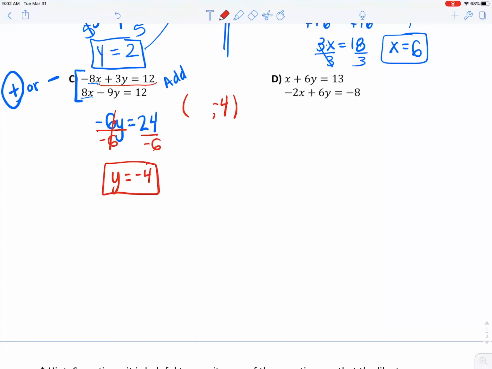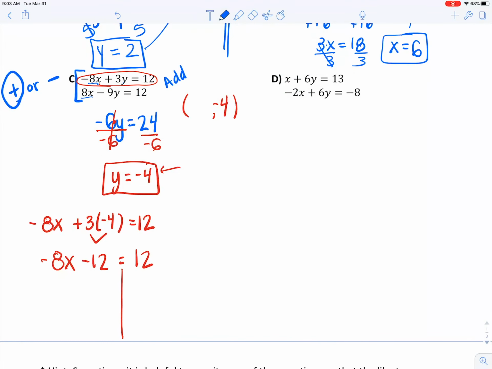Okay, taking a look at these two, I think that this equation looks like there's a little bit less to do just because it's 3y instead of negative 9y, but either equation works to plug it into. So I'm going to do negative 8x plus 3, and instead of writing y, I'm writing down what y is equal to, which is negative 4, and that equals 12. 3 times negative 4 is a negative 12.